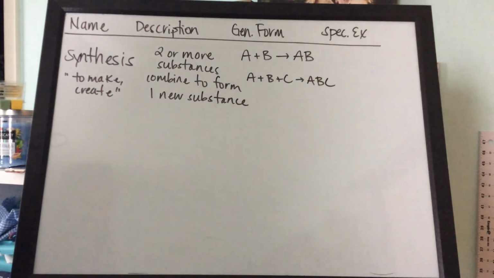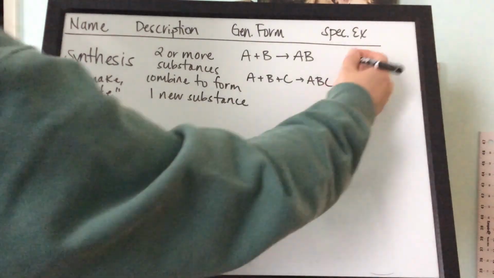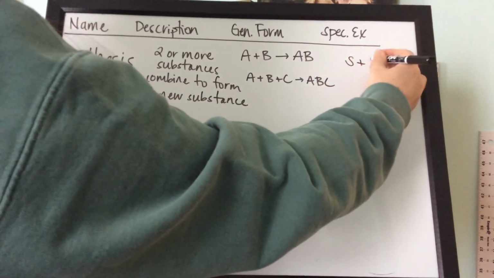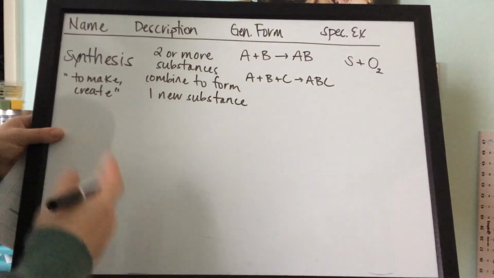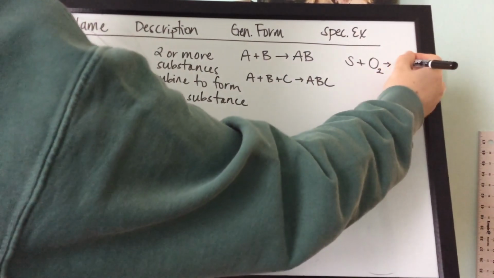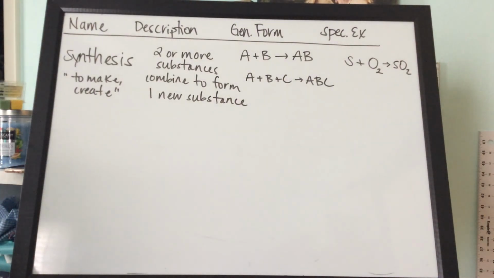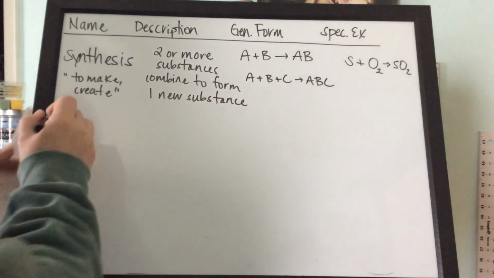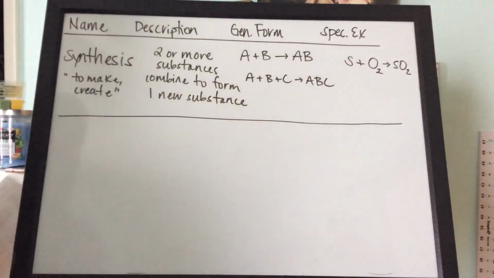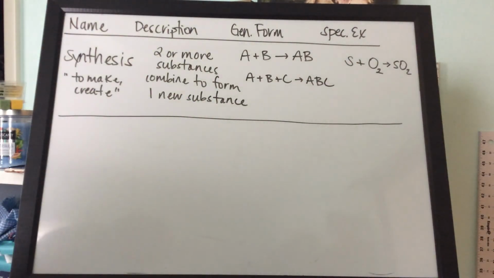That's also a synthesis reaction. And then a specific example might be something like sulfur plus oxygen, which we learned is O2, it's a diatomic, forming sulfur dioxide. Okay, so that's a synthesis reaction, 2 small things combining to form one larger compound.